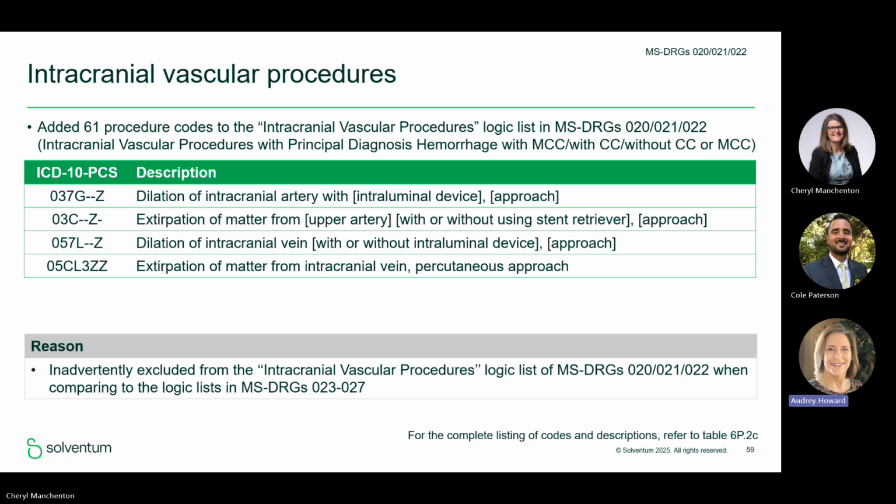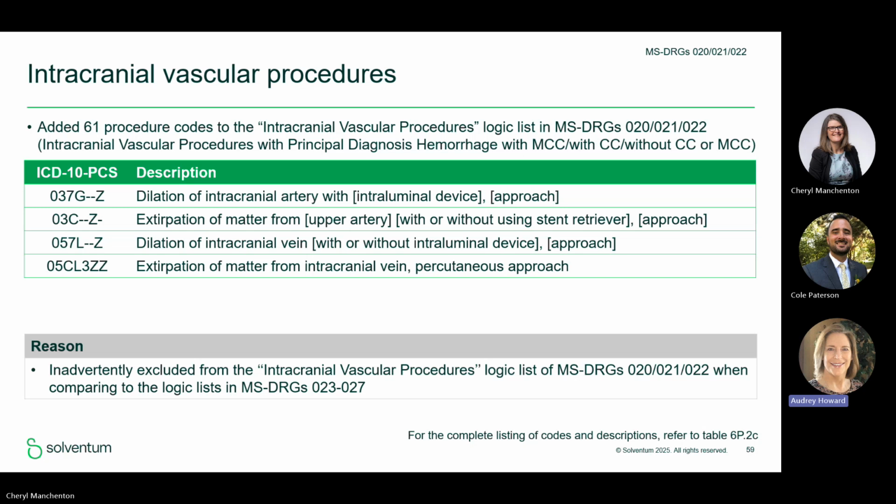The first change that I really want to go through is not a new or deleted MSDRG, but there was a lot of shifting around. And so we're going to be discussing specifically MSDRGs 20 through 22. What's showing here is a summary that 61 procedure codes were added to the intracranial vascular procedures logic list in MSDRGs 20 through 22.